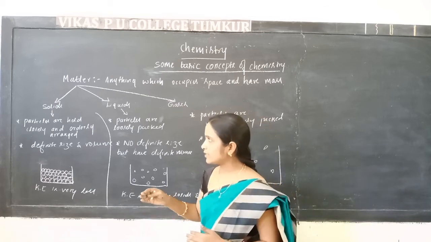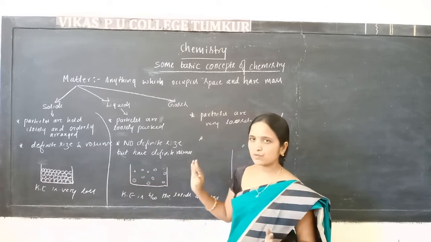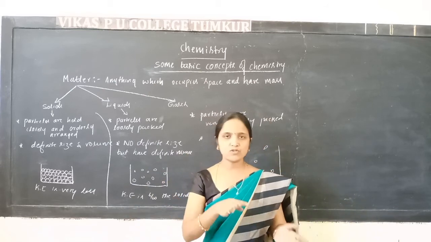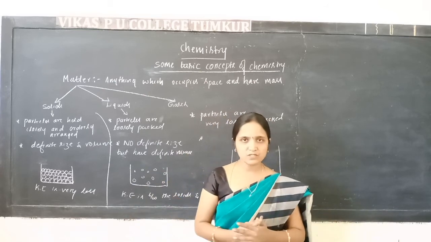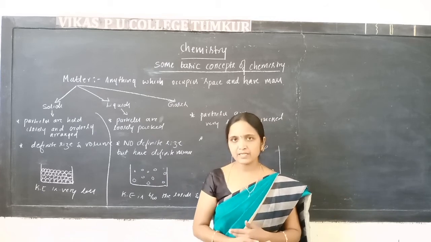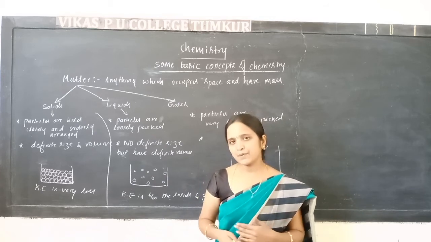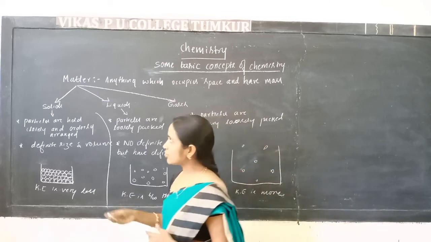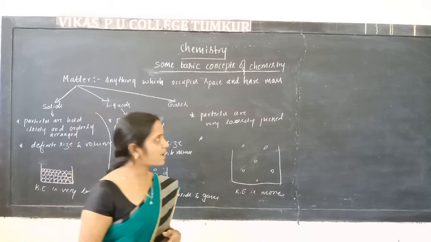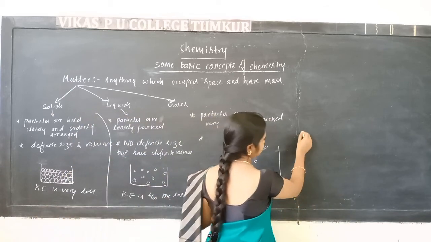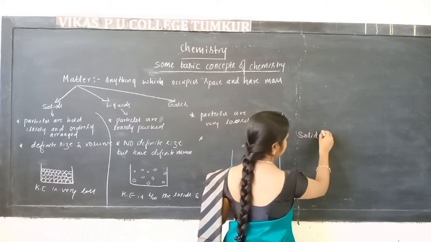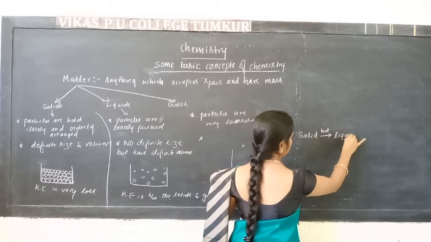This is about the three states of matter, that is solids, liquids and gases. The interchanging of these physical states is possible by either increasing or decreasing the temperature and the pressure. Suppose solids on heating become liquids.